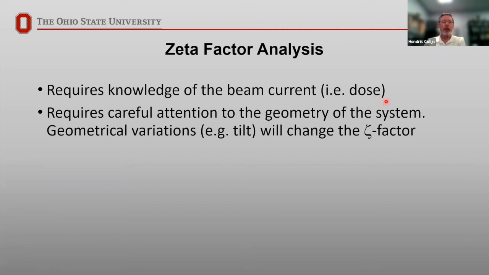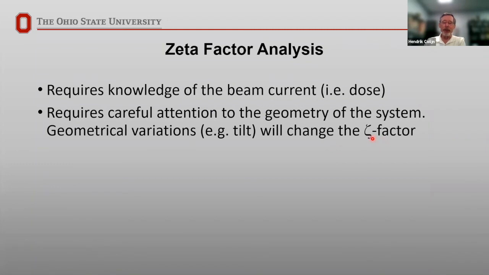It also requires that you pay careful attention to the geometry of the system, because as you change the tilt, you're changing the view of your sample that the detector has. So you'll get more efficient collection, which will then change the Zeta Factor.